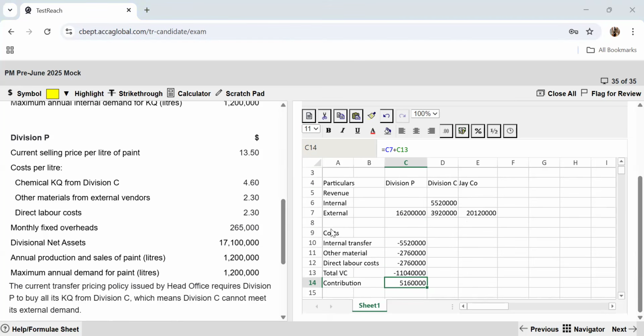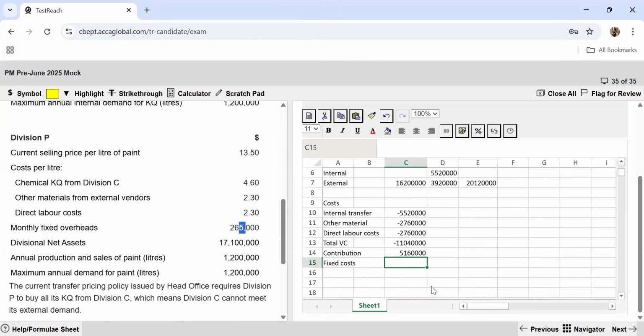The next thing that I will have to do is take away the fixed costs. So the fixed costs are also given to us here. Monthly fixed overheads for division P are given to us as $265,000. So I take this also in subtraction, minus $265,000. And then after you take away the fixed costs, you are left with the profits.